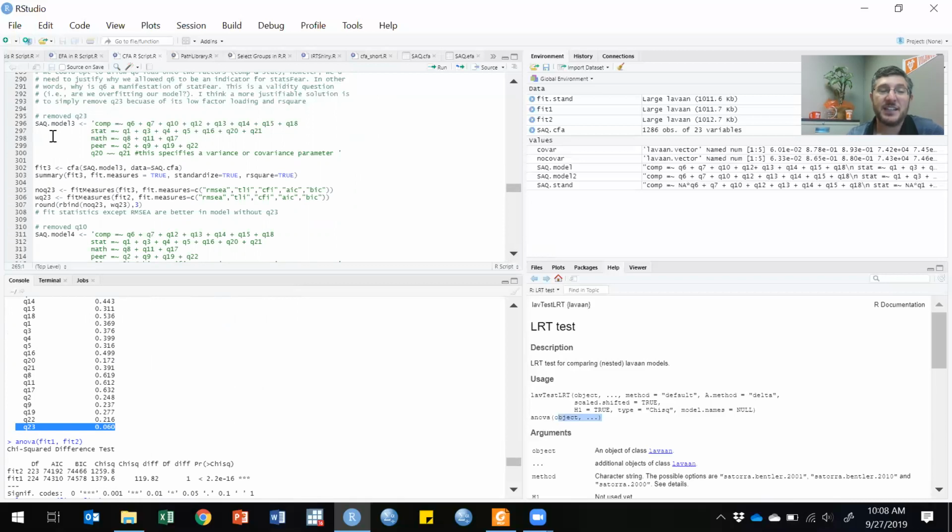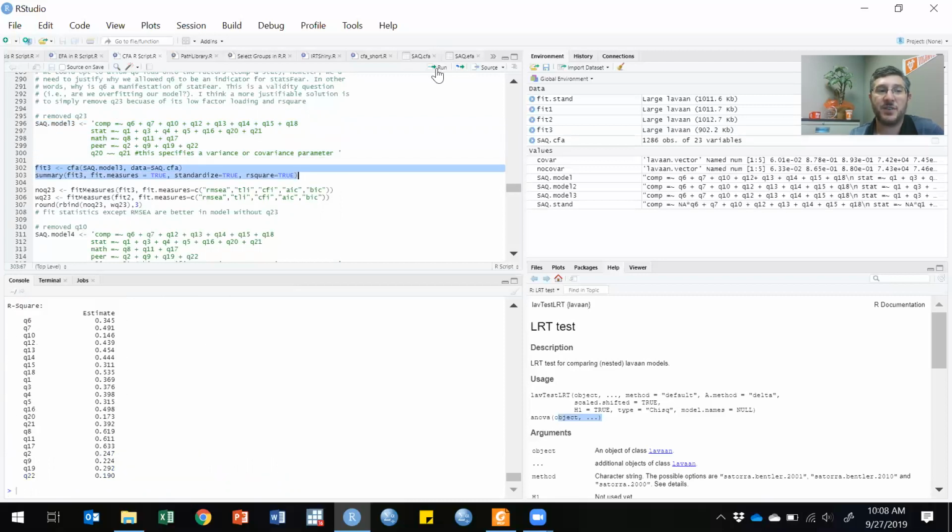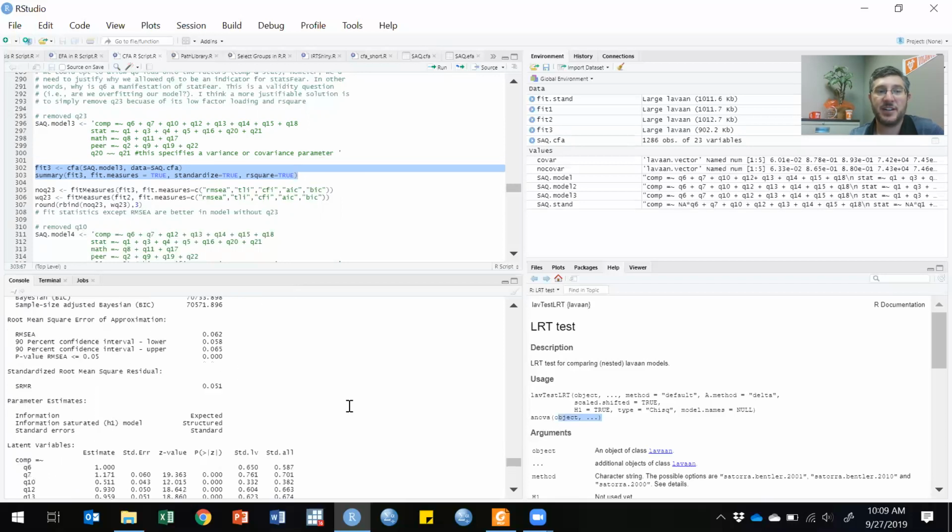So I ran a new model where I just dropped question 23. See, it's no longer in the peer evaluation item set. We can fit our model and get our summary of the results here again.